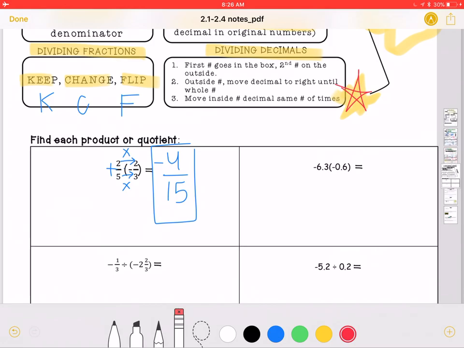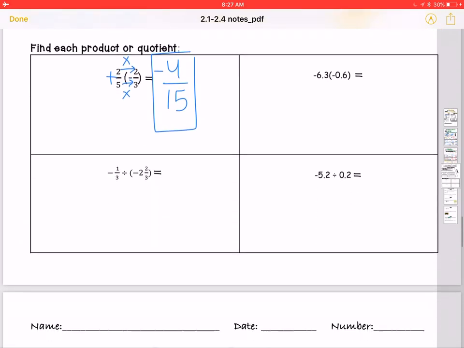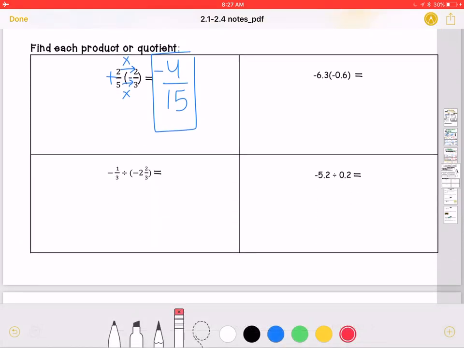Let's go down. Let's practice now dividing fractions. And then we'll go over next. So when we divide fractions, there's that nice acronym. We're going to do KCF. Keep, change, flip. We keep that first fraction exactly the same.